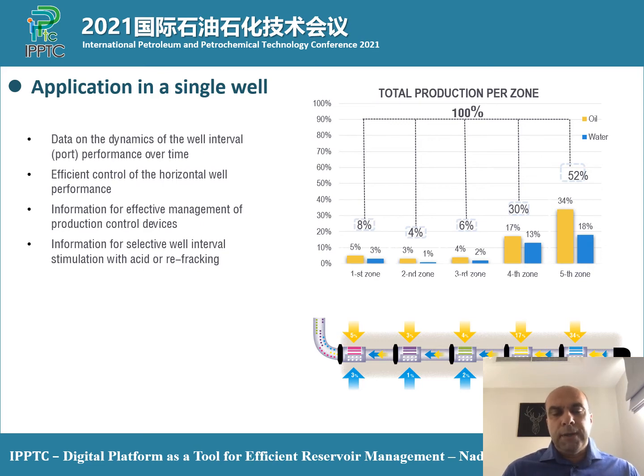So just to quickly give you a flavor of what you can get in terms of simple data, it is basically production contribution, in this case of the two-phase flow, where you can see a production contribution of the oil phase in every single zone. In this case, there are 5 zones in a horizontal section that has open hole downhole completion. And you can also see that you can obtain the zonal contribution of water of each zone.